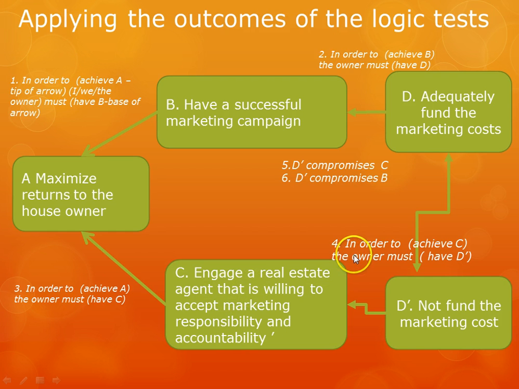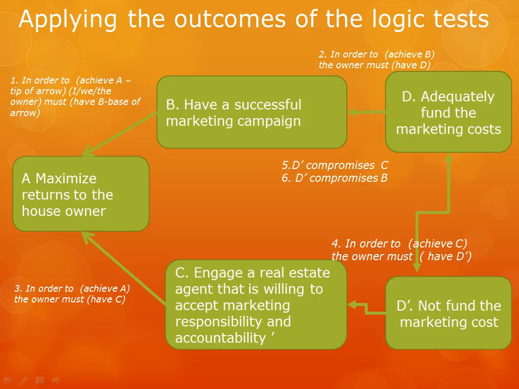And then test 4, in order to engage a real estate agent that is willing to accept marketing responsibility and accountability, the owner must not fund the marketing costs. Again, that wording flows well, and also it's logically compelling, because we're saying if we've got a real estate agent that is accepting marketing responsibility and accountability, that should extend through to the funding of the marketing costs.